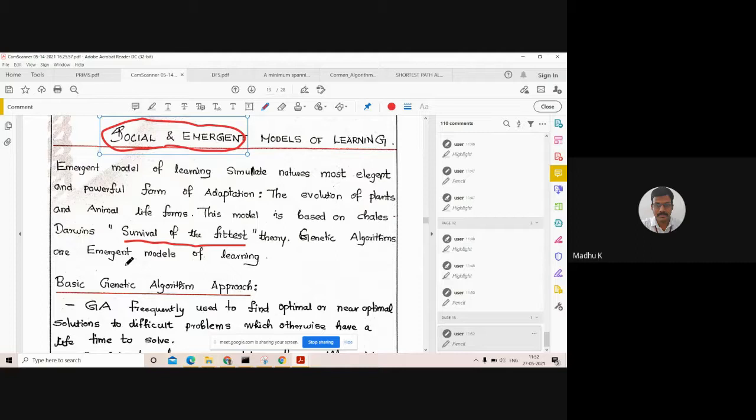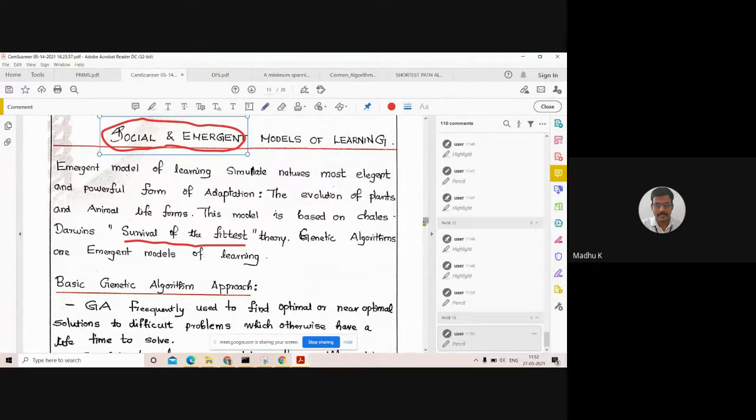Genetic algorithms are emergent models of learning. So what does emergent model of learning mean? It uses the concept of the survival of the fittest theory, and the genetic algorithm uses this concept. So we want to study the genetic algorithm.